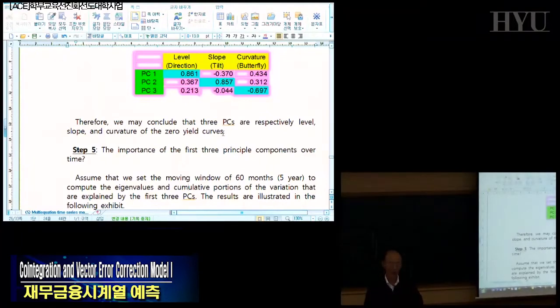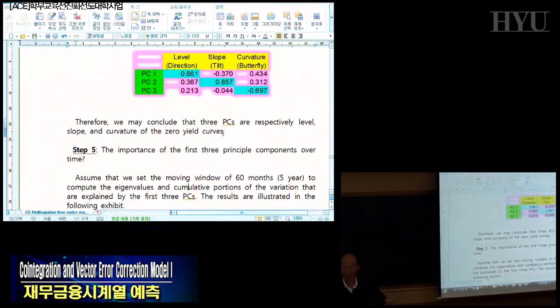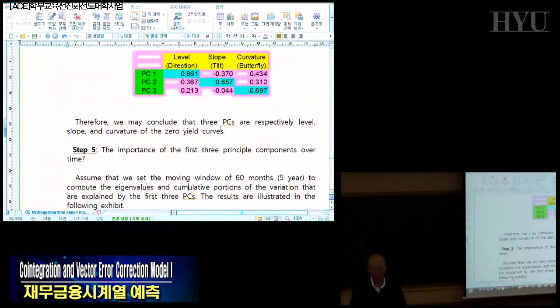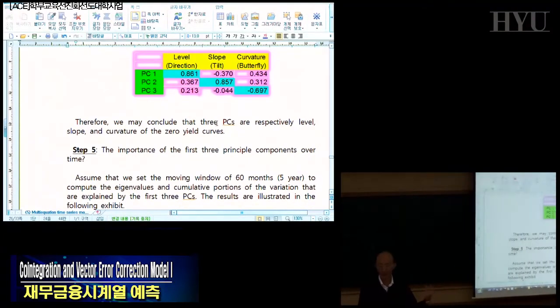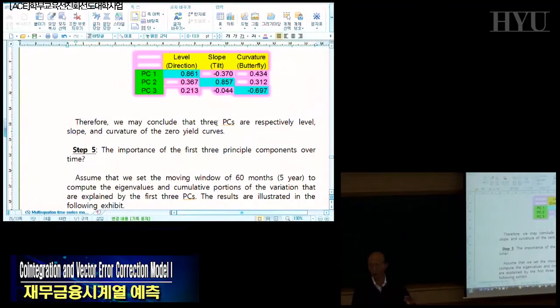So when you go out and take part in the internship program this winter, some of you may be assigned to an asset management company and others, and there they will probably teach you how to form that kind of strategy.